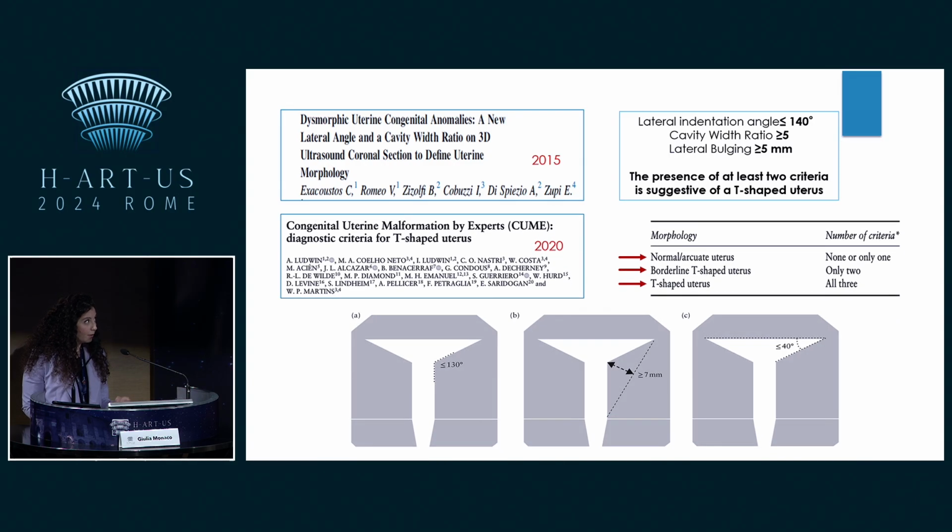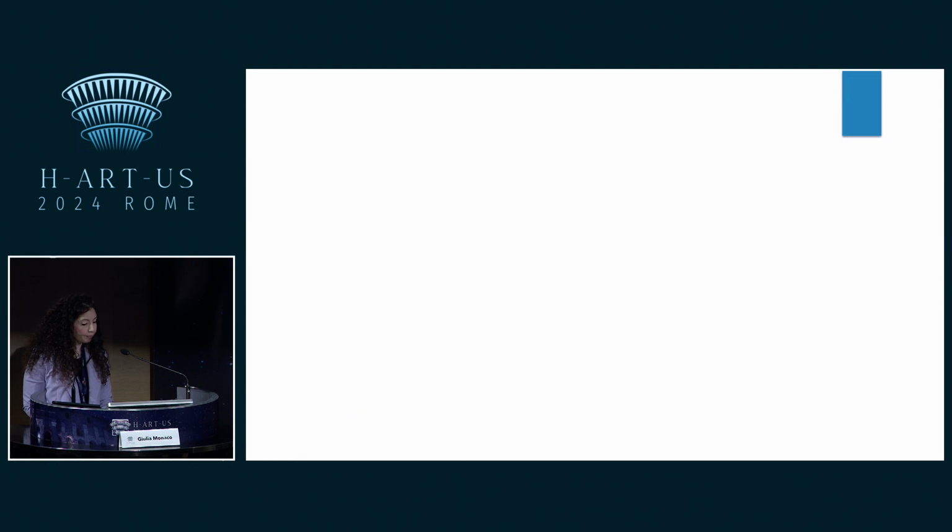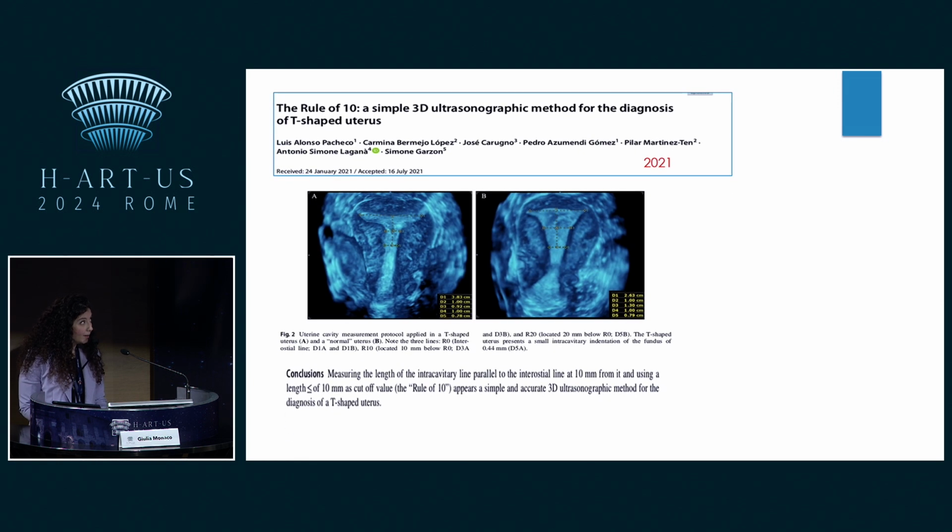And, of course, the best-known classification of 2020, the CUME classification, as we have said before, has 3 parameters. The presence of all 3 parameters identifies a T-shaped uterus, and the presence of only 2 identifies a borderline T-shaped uterus. In 2021, Alonso Pacheco proposed a simple 3D ultrasonographic method for the diagnosis of T-shaped uterus that is called the rule of 10.